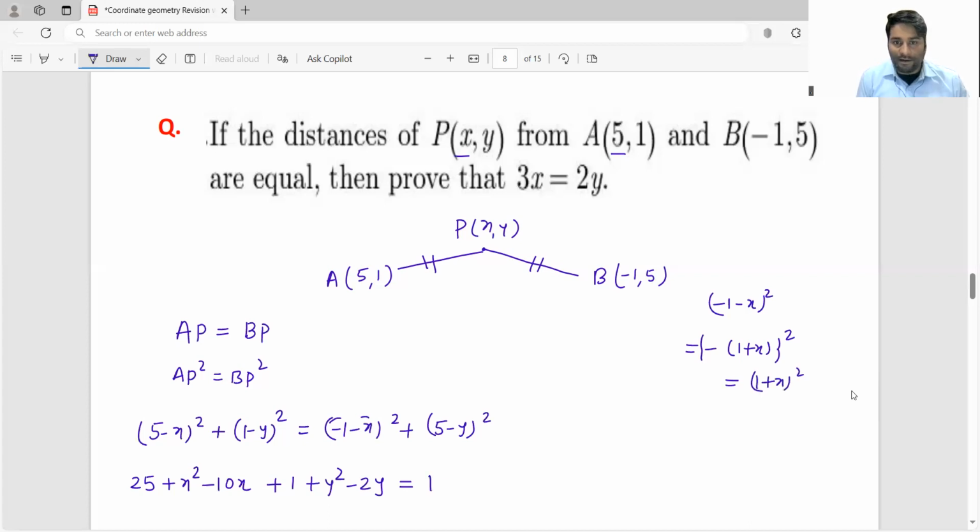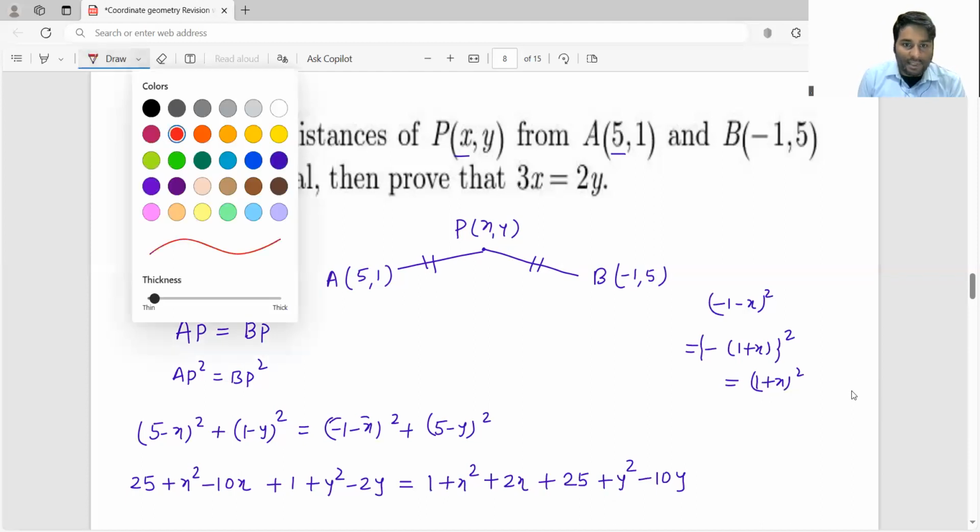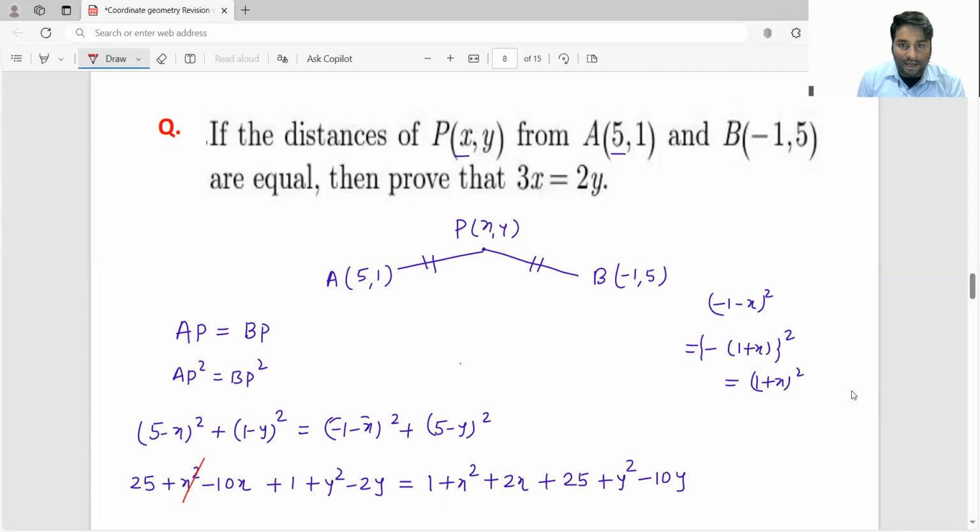So we can write 1 plus x square plus 2x, and here 5 square, that is 25, plus y square minus 10y. Now you can see that x square and y square will get cancelled out, this 25 will get cancelled out, and 1 and 1 will get cancelled out.